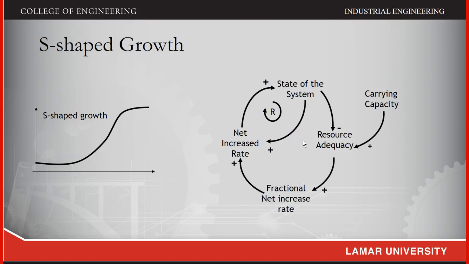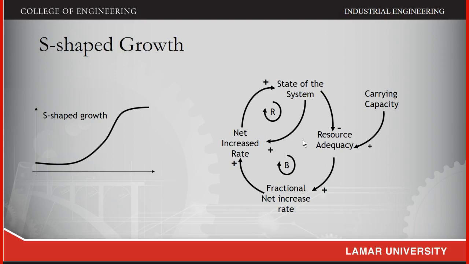The carrying capacity refers to how many resources we have, and the resource adequacy is how well that carrying capacity is sufficient to keep the state of the system up to a certain level.